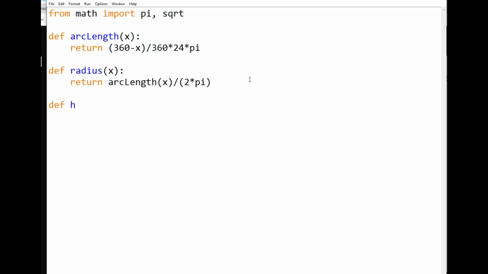Let's define the height of x. Return the square root of 144 minus r squared, and the volume, pi over 3 times r squared times h.